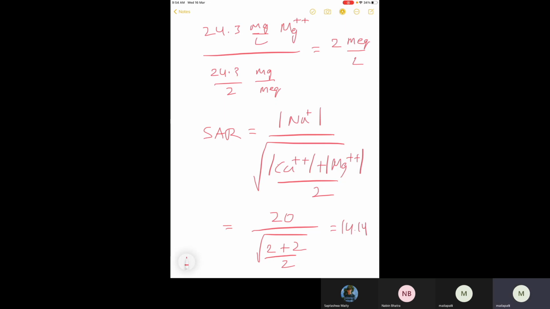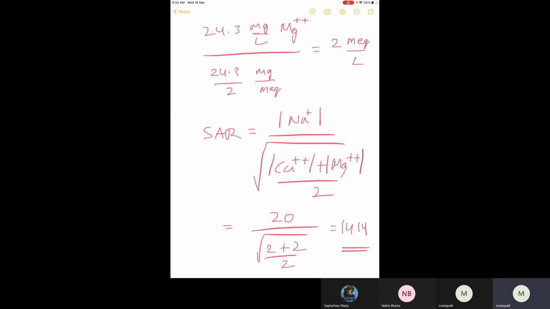Now we know SAR is 14.14, and the ECIW is around 1280 ppm.